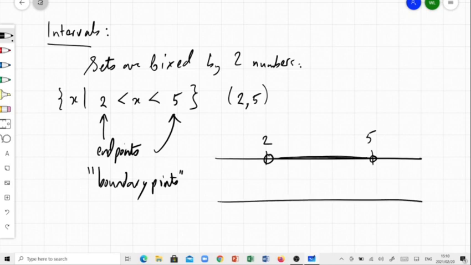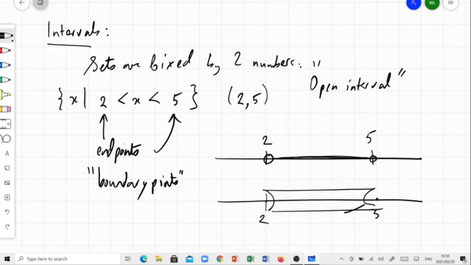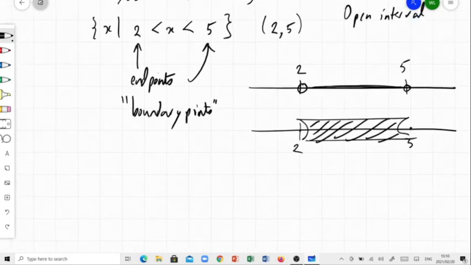Another way to represent this open interval. We call this an open interval because the endpoints are not included. So this is 2, 5, and another way to do them is to represent them like this. So these are two ways in which you can graphically represent the open interval.